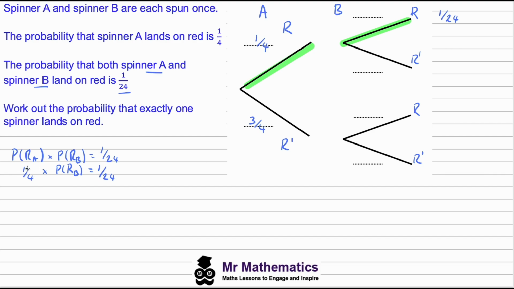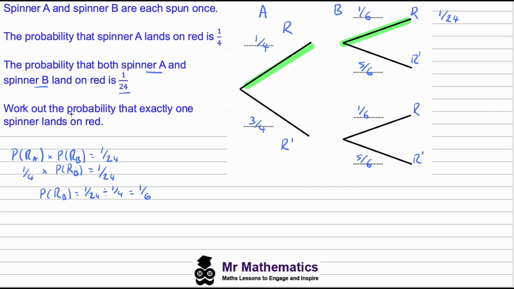We can divide both sides by the quarter. So the probability of a red on B will be 1 over 24 divided by 1/4, which is 1 over 6. Okay? So we can label this on our tree diagram, which means not getting a red would be 5/6, and it'll be the same in the other branch.